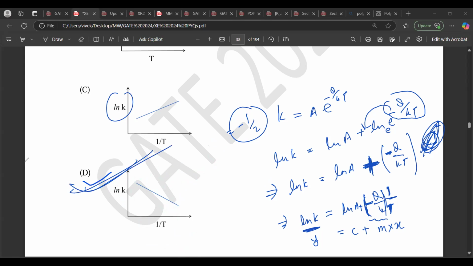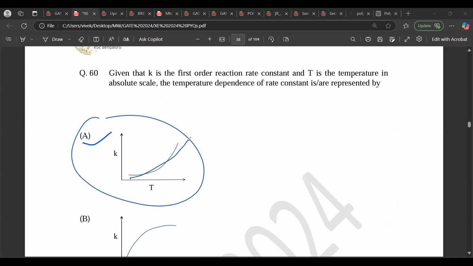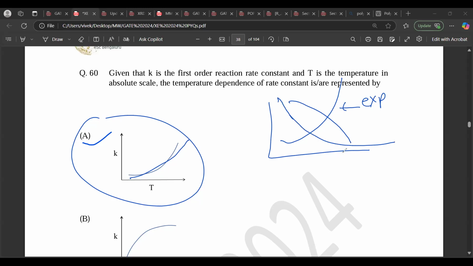And another graph is this, okay? This is also true. How come it's true? Because it's exponential. This is exponentially increasing, and this is exponentially decreasing.